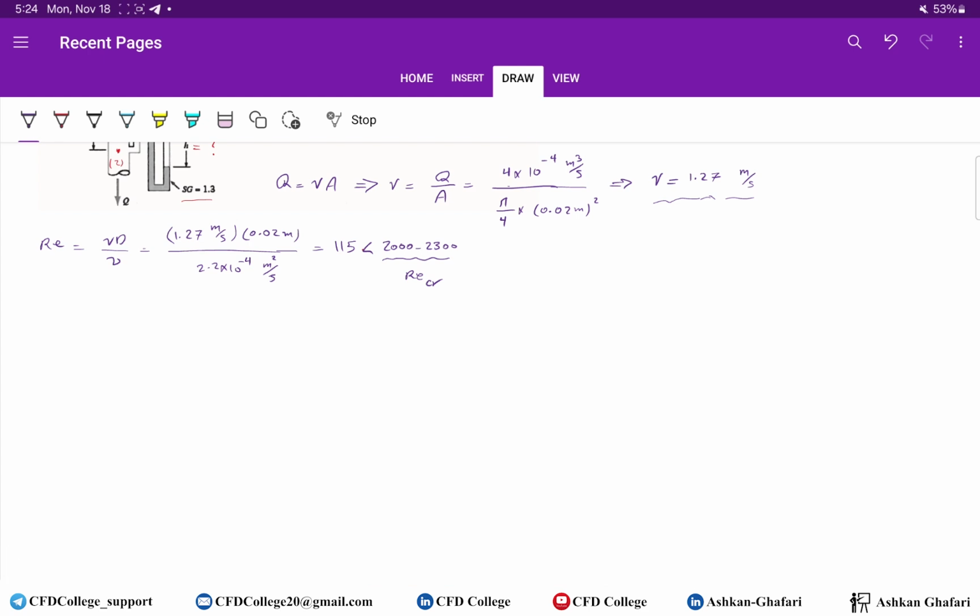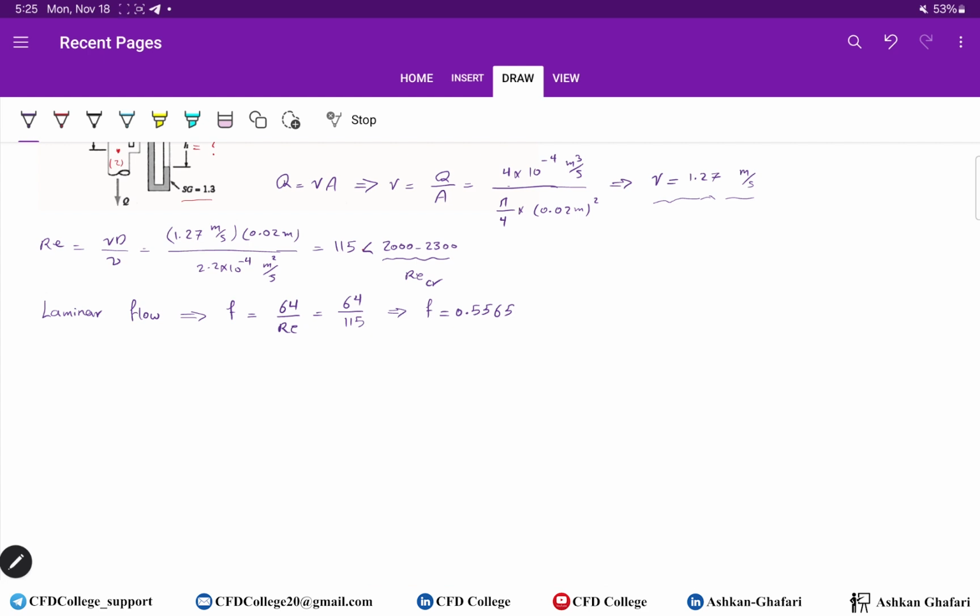Since we are in laminar flow, the friction coefficient equals 64 over the Reynolds number, which is 64 over 115. So we have the friction coefficient, which is equal to 0.5565.